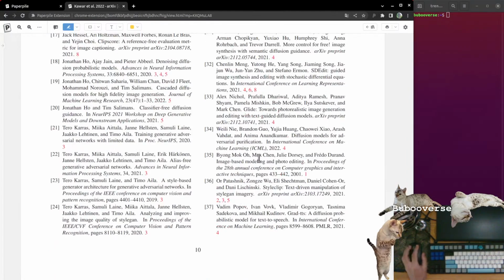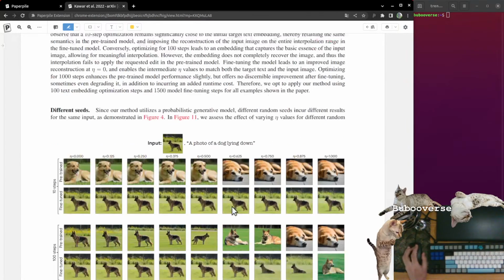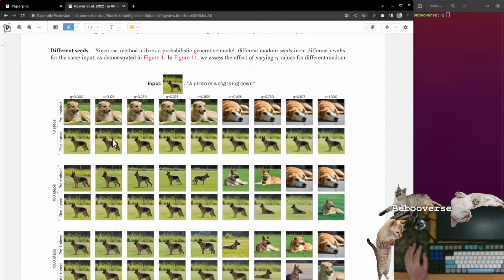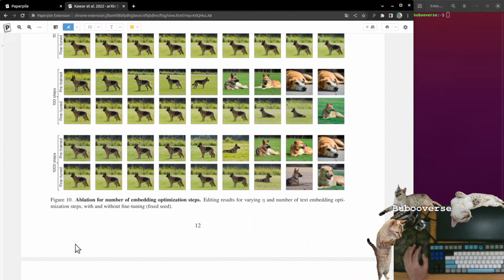All right. Let's see. I think there was one more figure that we didn't find here. Different seeds. So this is an ablation study for the embedding optimization steps.